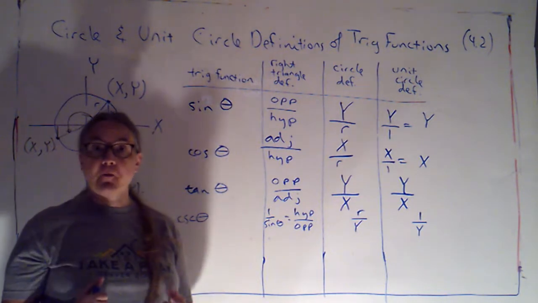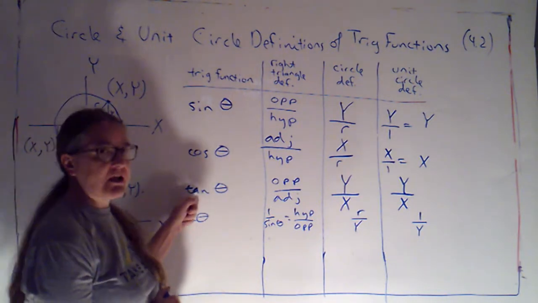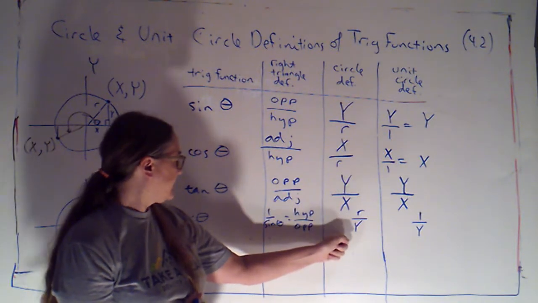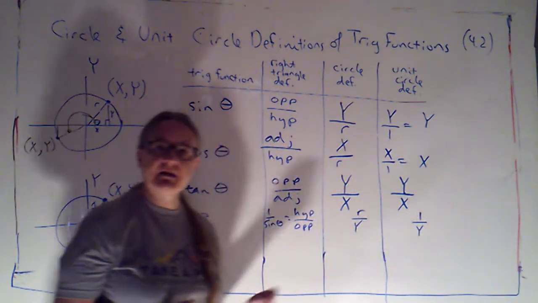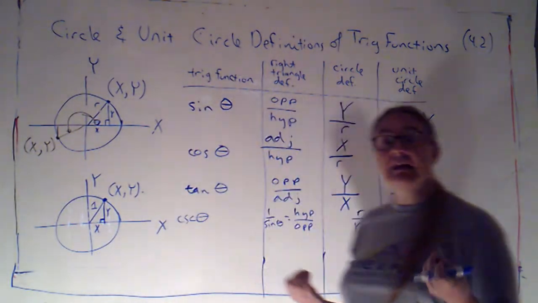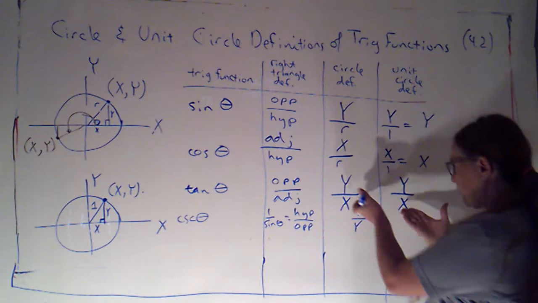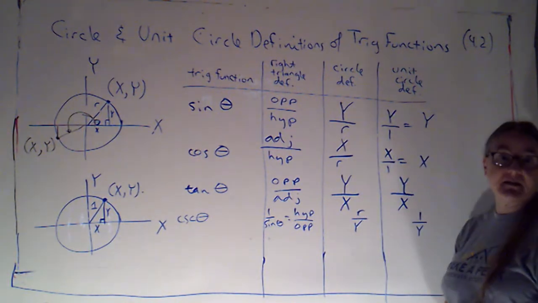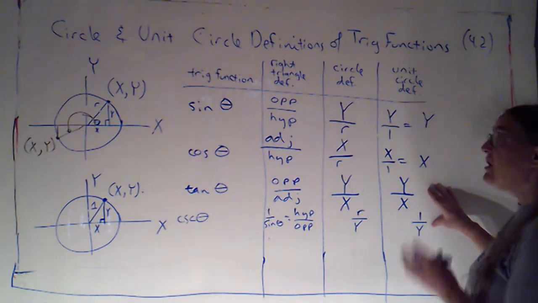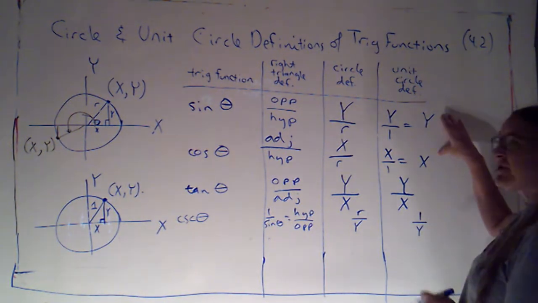That's never 0. As soon as we hit tangent, tangent has x's in the denominator. Cosecant has y's in the denominator. These functions are going to be undefined at any point where whatever variable is in the denominator would be 0. So there will be some restrictions on the domain for all of the trig functions other than sine and cosine.